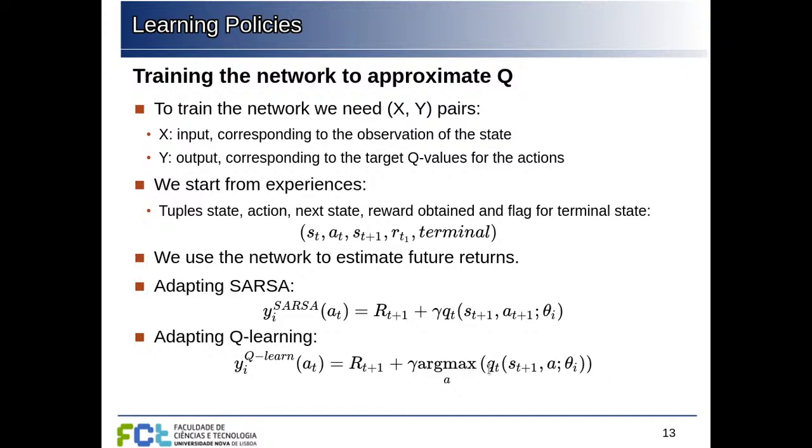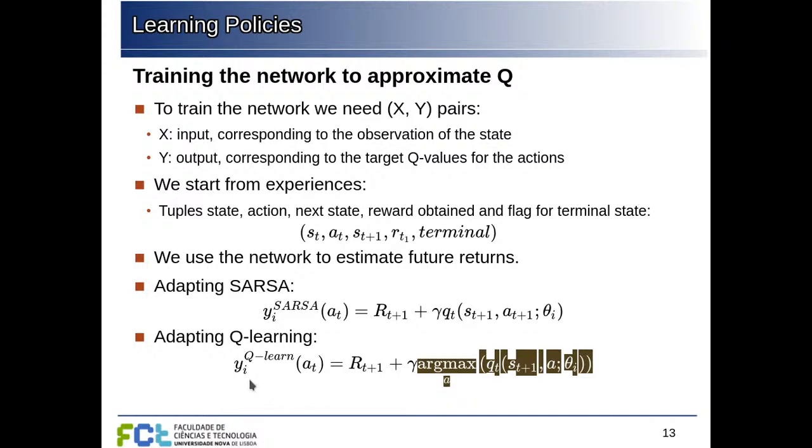So we are going to give our network the next state, get all the action values for all the different actions, and compute the maximum of that. So this would be the maximum expected return that our network is giving us for the next state.